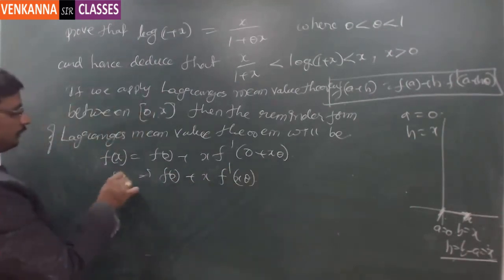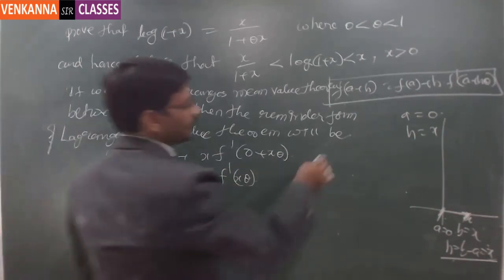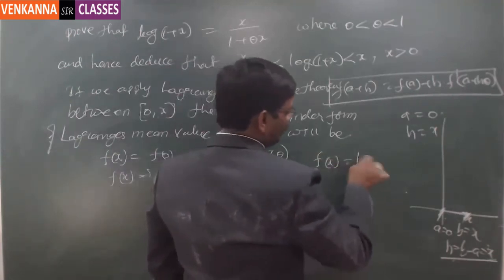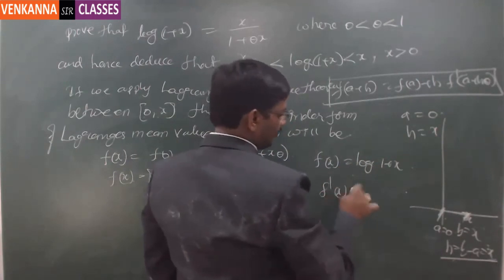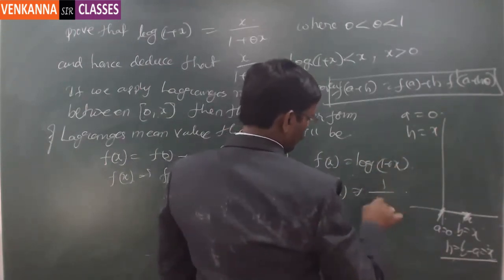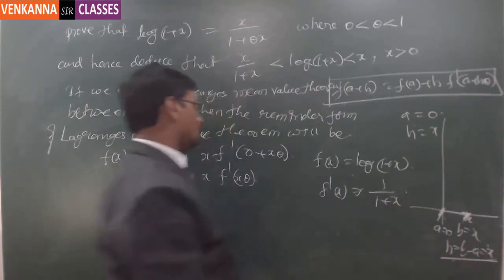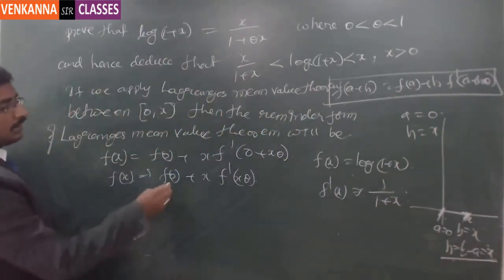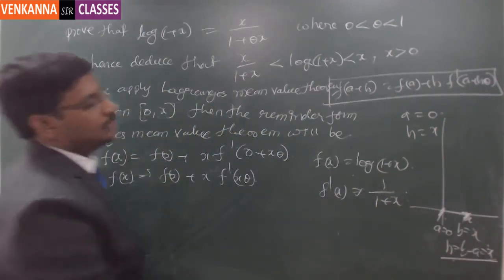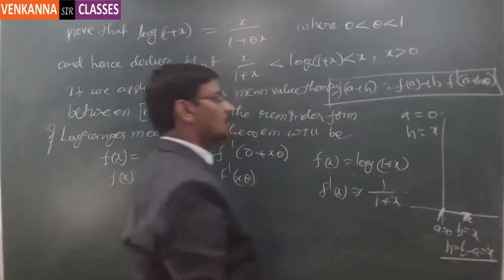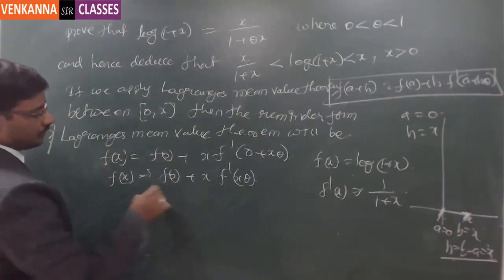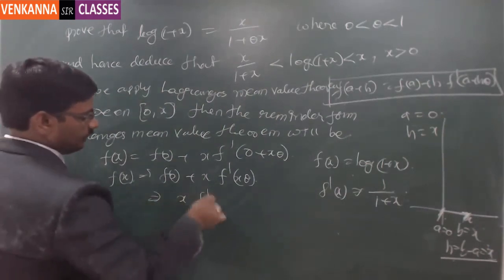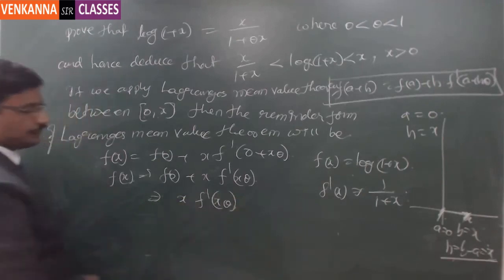And this is the value of f of x, where f of x is equal to log of 1 plus x, right? Obviously, f dash of x is equal to 1 by 1 plus x. So that is the f dash of x. Now here, f of 0 is log of 1 plus 0 will be log 1, and log 1 is anyway 0. So here, f of x is equal to x into f dash of x theta. Got it?